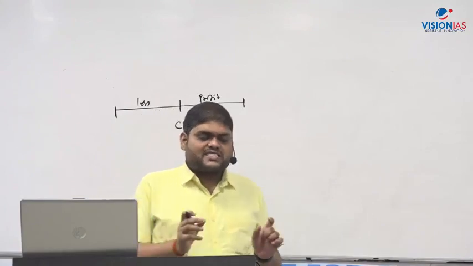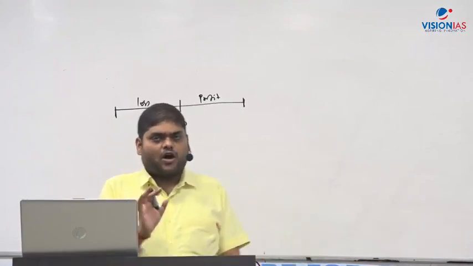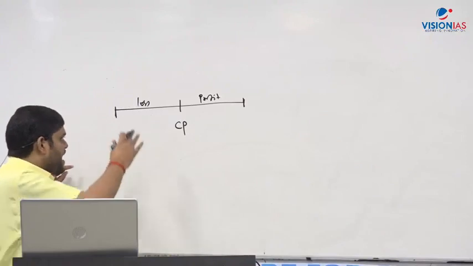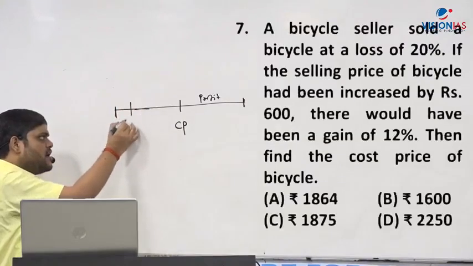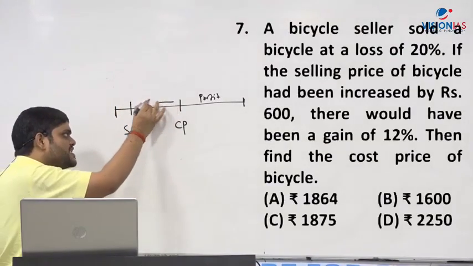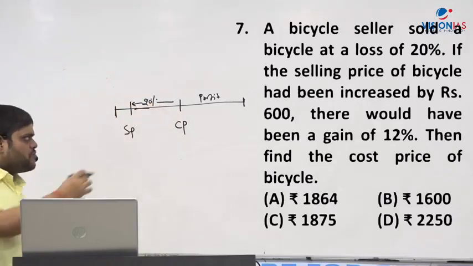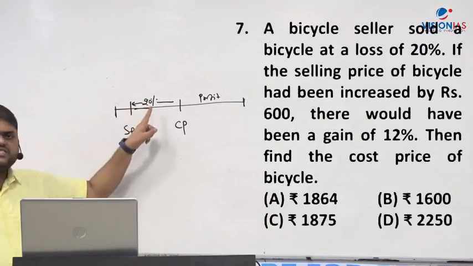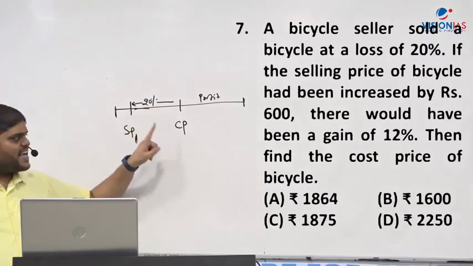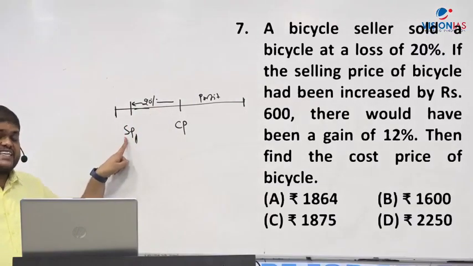So that person is selling the bicycle at 20% loss, so the SP will definitely be 20% less than CP, or not? Or I can say SP1 will be 80% of CP, or not?